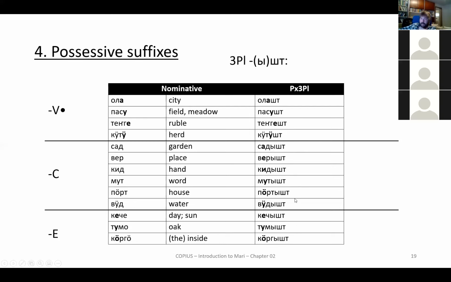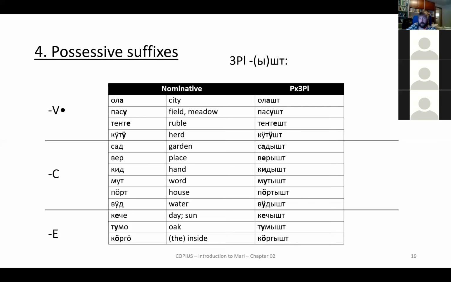The possessive suffix third person singular, on the other hand, is the most complex suffix in Mari. This is not a gut feeling. This I know from my work on morphological analyzers and morphological generators.